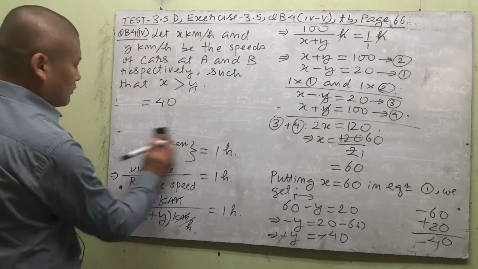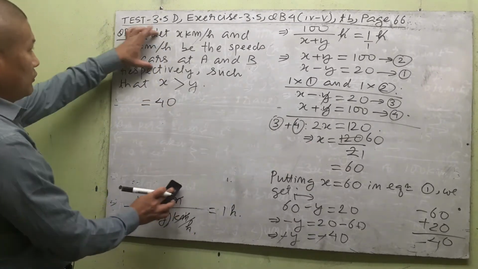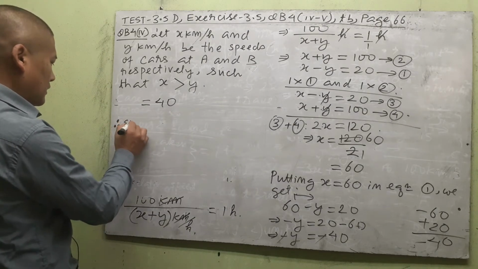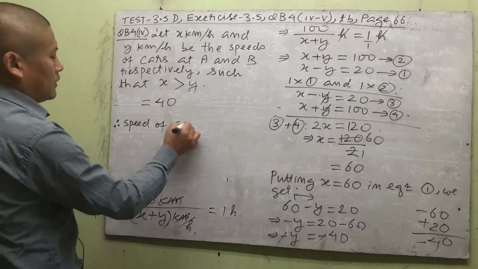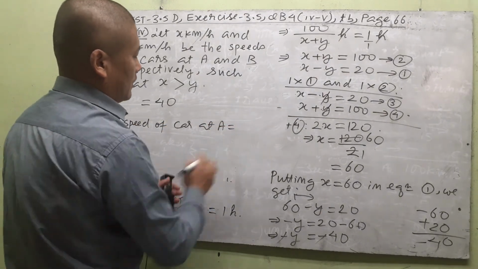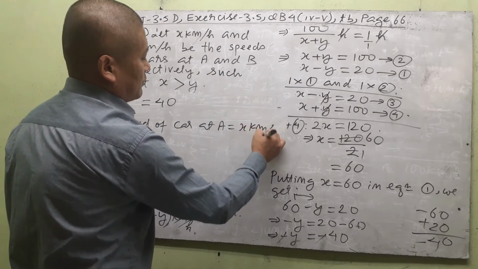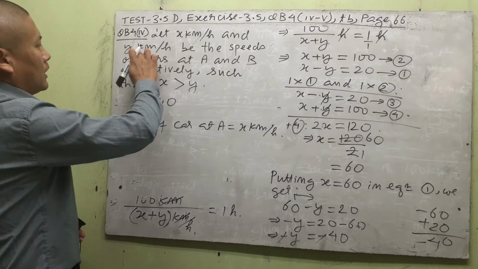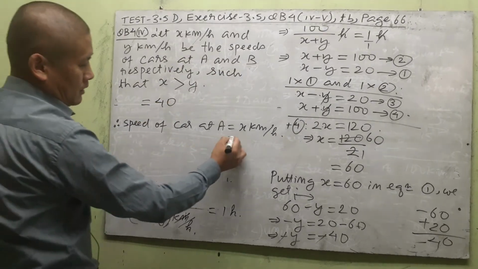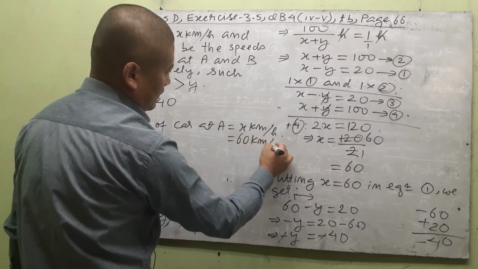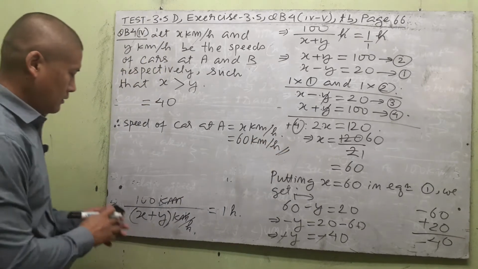So we can go back to the beginning where we started to see what the question is. Therefore, this question is asking speed of car at A position, x kilometer per hour we put in the beginning as the speed of the car at A, and y as the car at B. So x value is 60, so we write here 60 kilometer per hour, our answer.